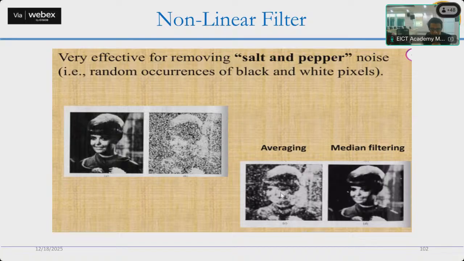So the best way in that case is median filtering. When we have taken the result of the median filtering, you can see in the fourth image it is far, far better in comparison to the first image.